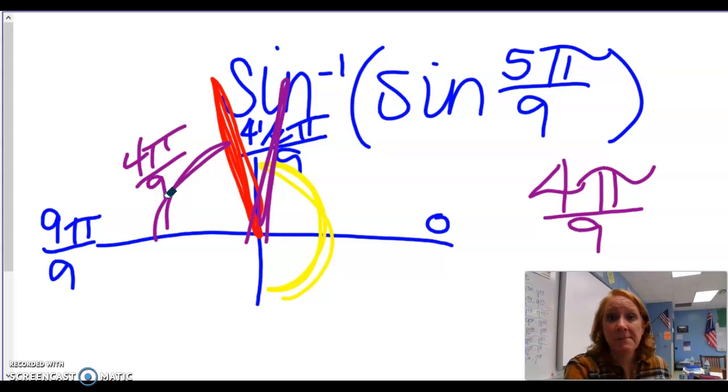So I just swap it over there, same sine. So what is the angle that gives me that? 4 pi over 9. So these technically undo each other, but it was in the wrong place, so I have to flip it into the right quadrant. There you go. I'm going to come back and do some with tangents, because the tangent, where it is, if you have to swap it, is interesting.